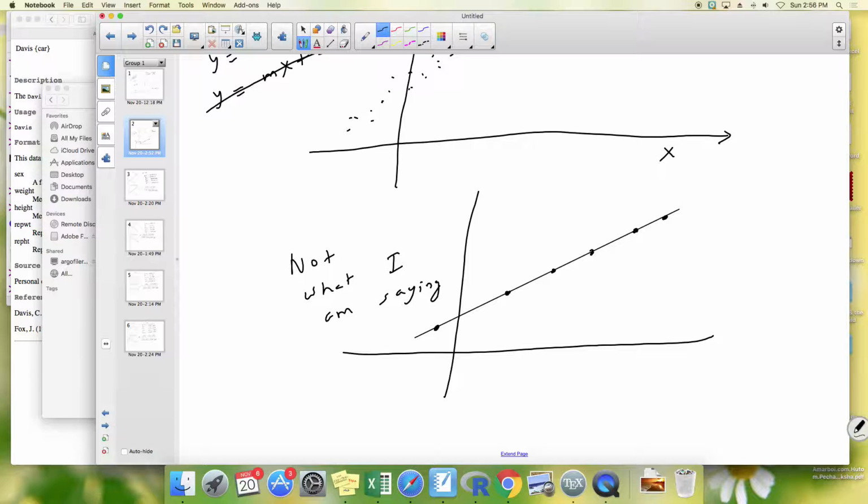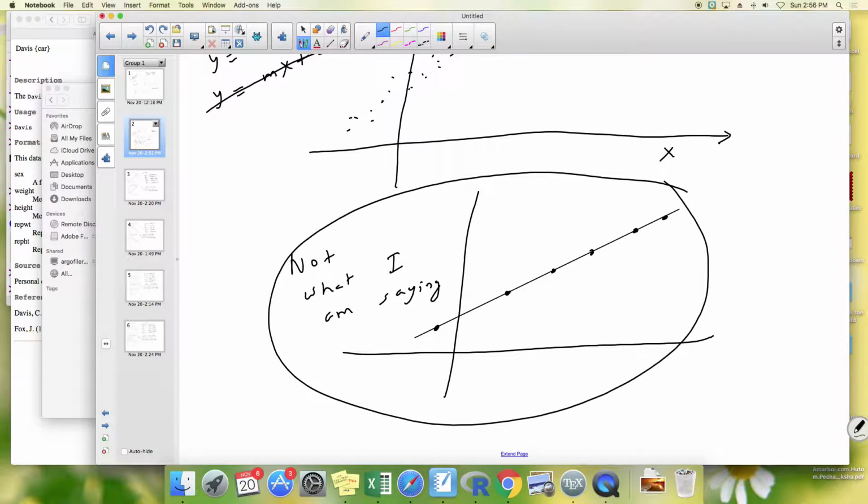In the real world, if points fall exactly on the curve, that almost never happens. So this is a rare situation. It's good if that happens, but it's a rare situation.